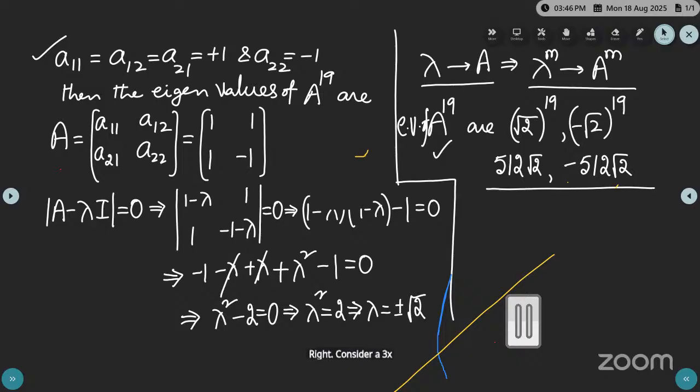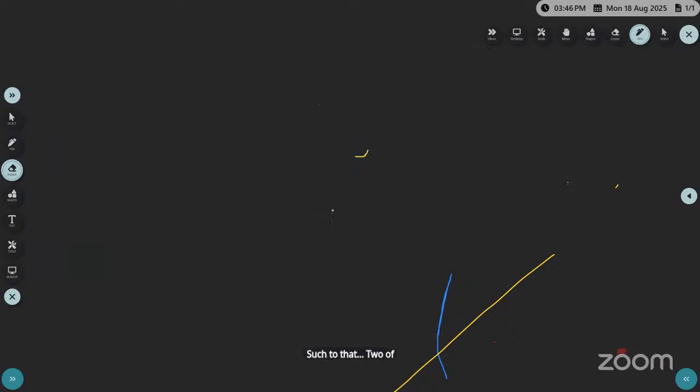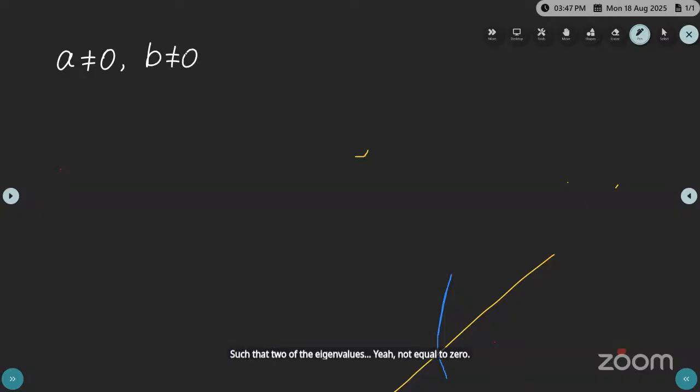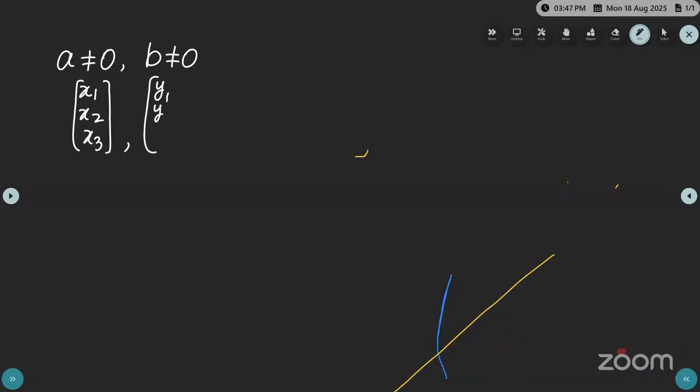Consider a 3 by 3 real symmetric matrix S such that two of the eigenvalues A not equal to 0, B not equal to 0, with respective eigenvectors x1, x2, x3 and y1, y2, y3.